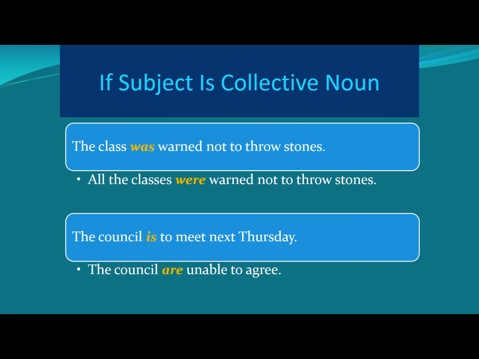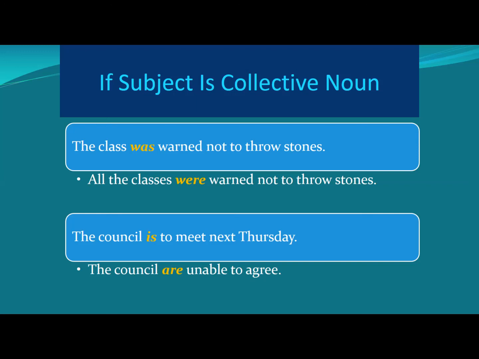And if the subject is a collective noun, then also we have to see which helping verb will go with the subject. The class was warned not to throw stones. Over here the class is a collective noun and it is used as a unit. So here the class was warned not to throw stones.